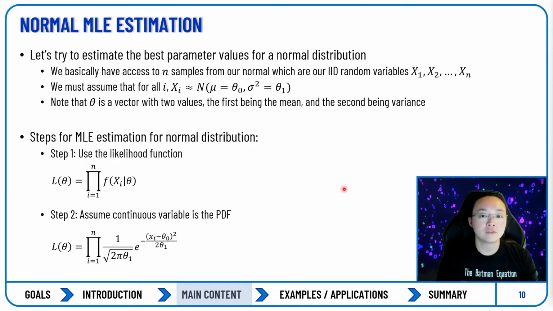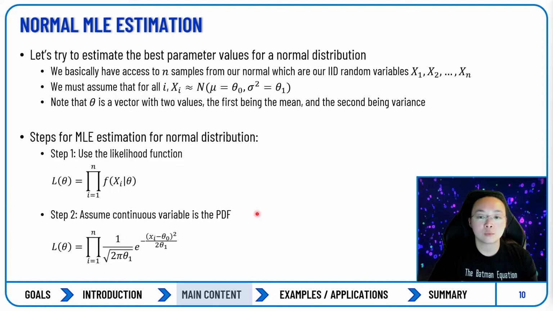So in order to figure out our MLE estimation for a normal distribution, we have 5 steps. Step number 1, we start off with the likelihood function. Step 2, we're going to assume that the normal distribution here is continuous, which it is.